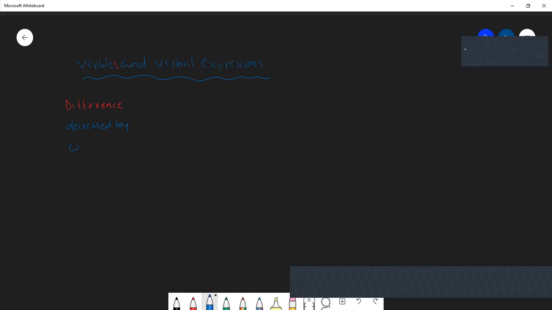What do you mean by quotient? What do you mean by product? And squared. These are mathematical terms, or wordings, that we use in word problems.